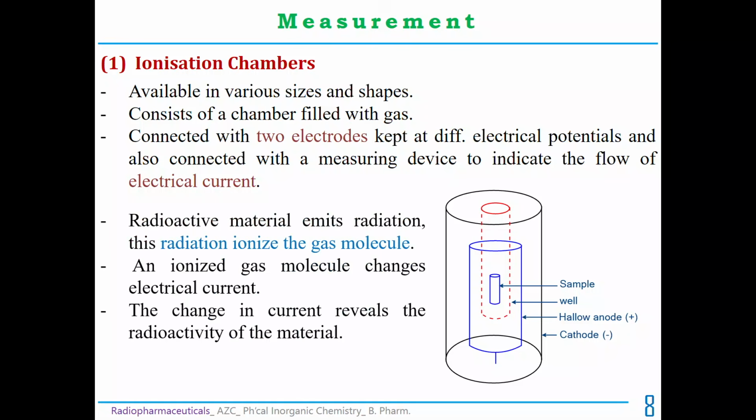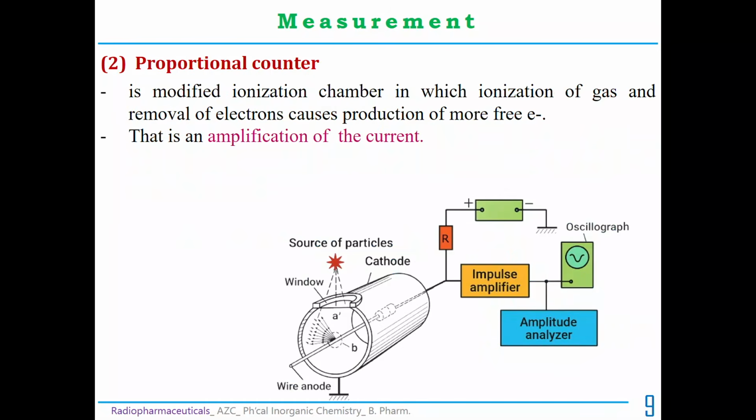Radioactive material emits radiation. This radiation ionizes the gas molecules. An ionized gas molecule changes electrical current. The change in current reveals the radioactivity of the material. Second instrument is proportional counter.